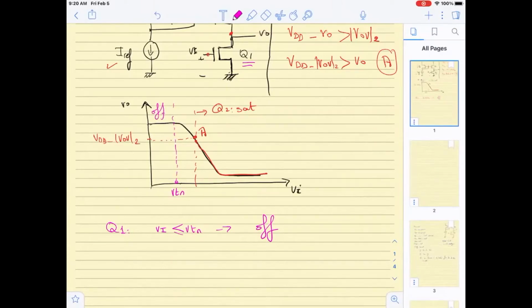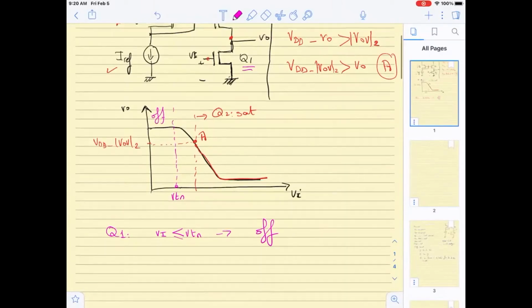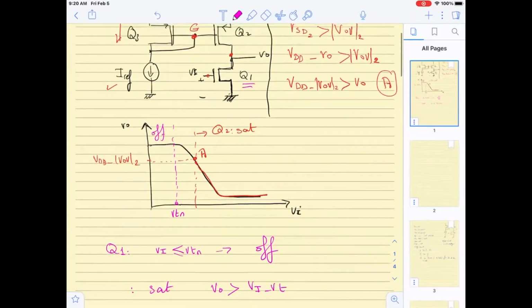Okay. Now we know that for the condition of Q1 to be in saturation, we want the output to be large, and we will want the output to be greater than Vn minus Vt, right? VGS minus Vt, because for this transistor, for Q1, what is VGS?